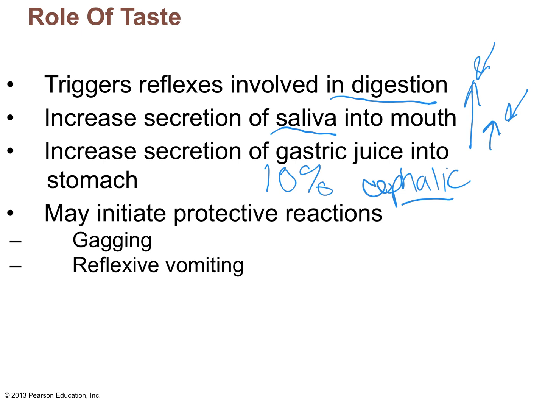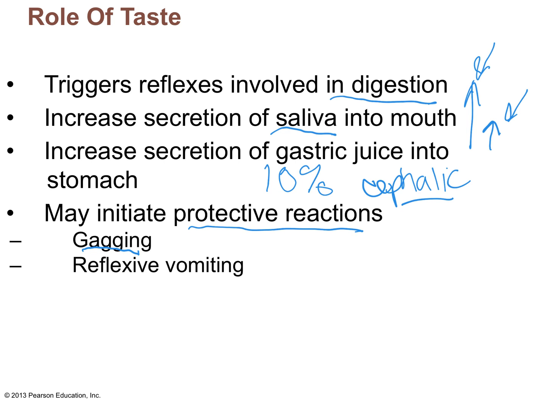The other thing that taste does is protective. So this is something that helps you survive as well. So certain things you might gag. So that has to do sometimes with taste, but then also with texture. When things have gone bad, they usually have a different texture to them.